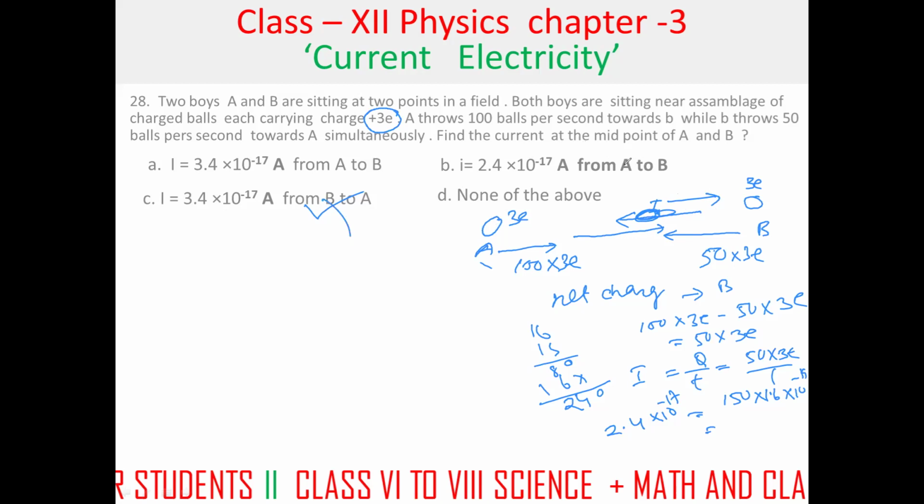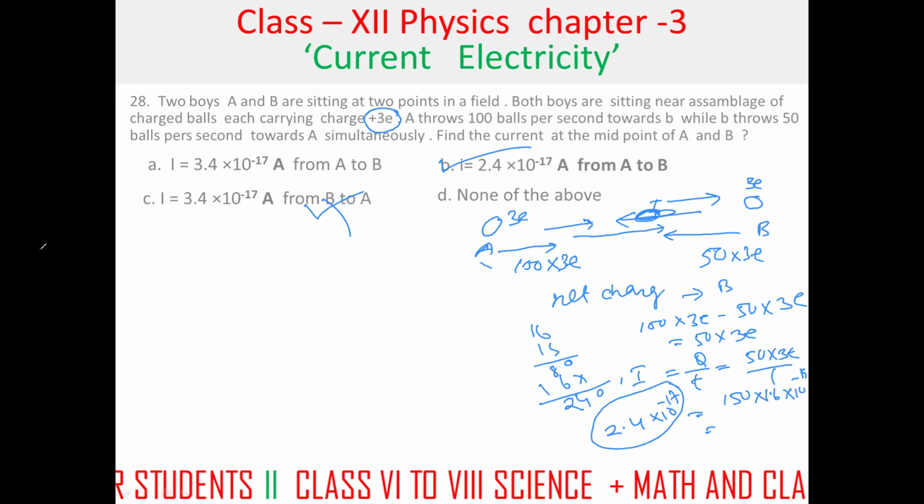So current would be from A to B, because they have mentioned plus charge here. Plus means positive. So the current flows in the direction of the positive charge flow, and you can say opposite to electron flow, as electron is negative. So if protons are flowing in this direction, current would be flowing A to B. And the amount of current is this. So option B is correct.